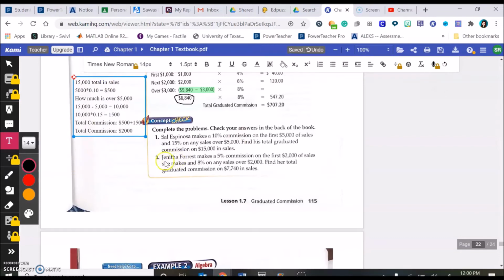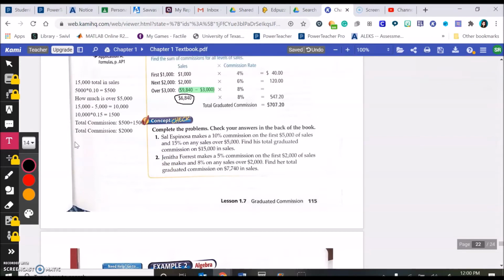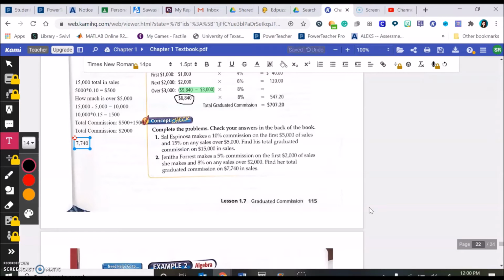For number 2, Janitha Forrest makes a 5% commission on the first $2,000 of sales. She makes 8% on any sales over $2,000. Find her total graduated commission on $7,740 in sales. So $7,740 total in sales.